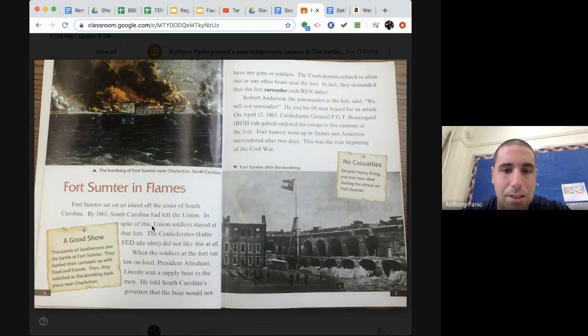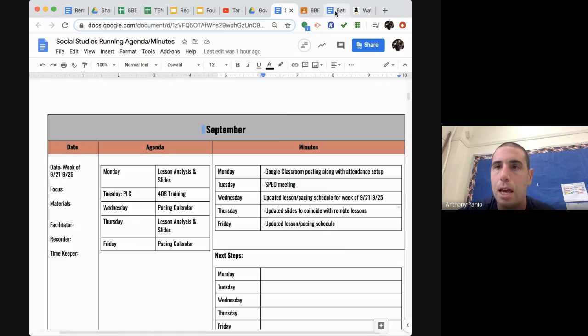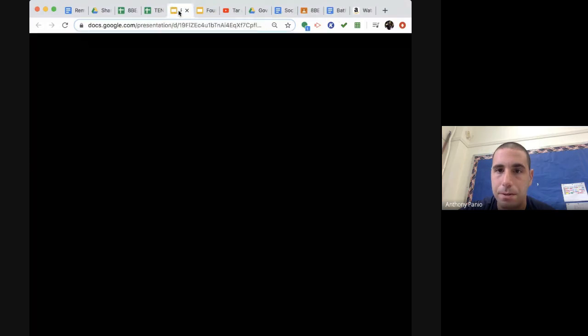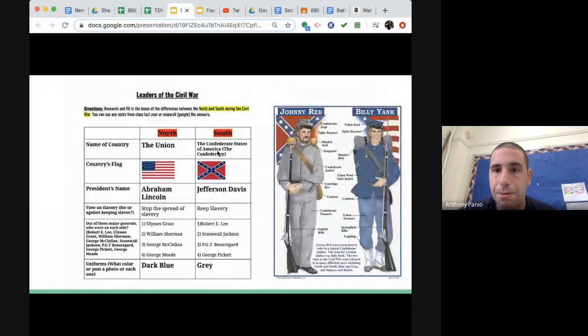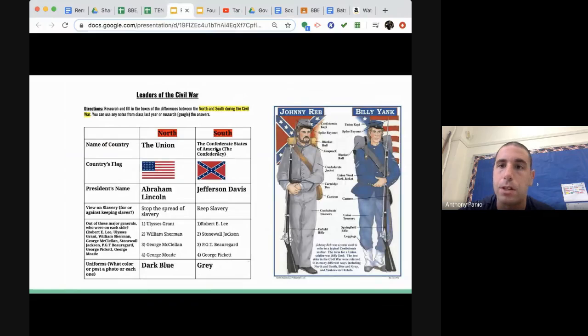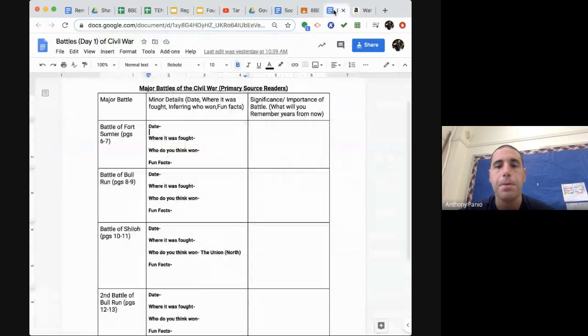By 1861, South Carolina had left the Union. So in my mind, I know if South Carolina left the Union, then they must be a Confederate state. So we know it's a Confederate state.